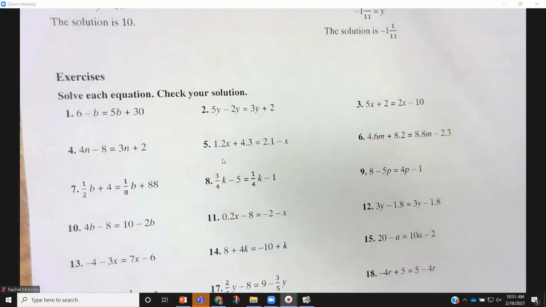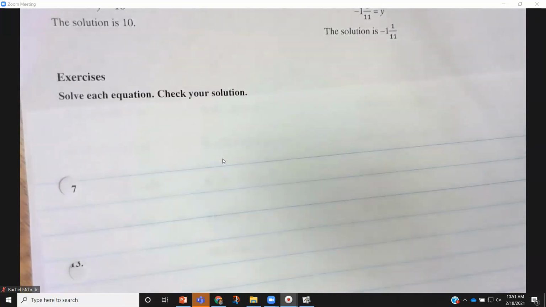I want you to write right at the top of the page what this assignment is, so you will remember later.